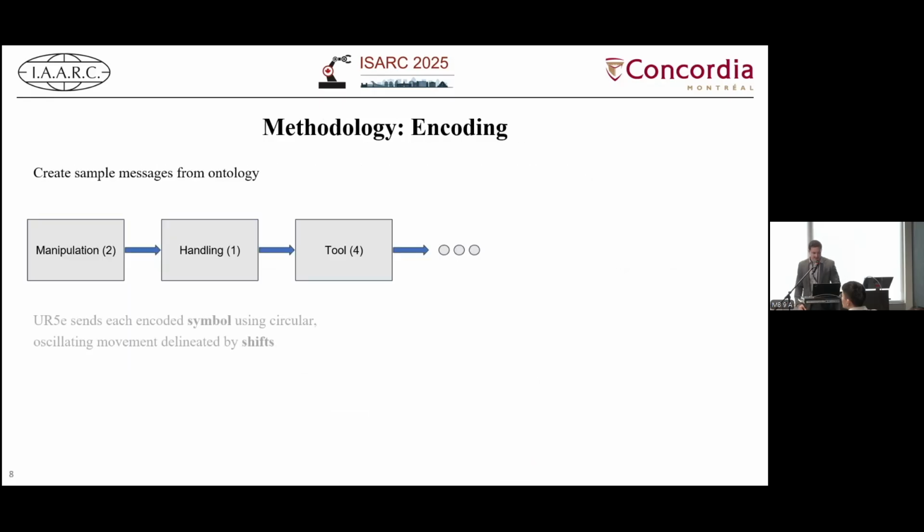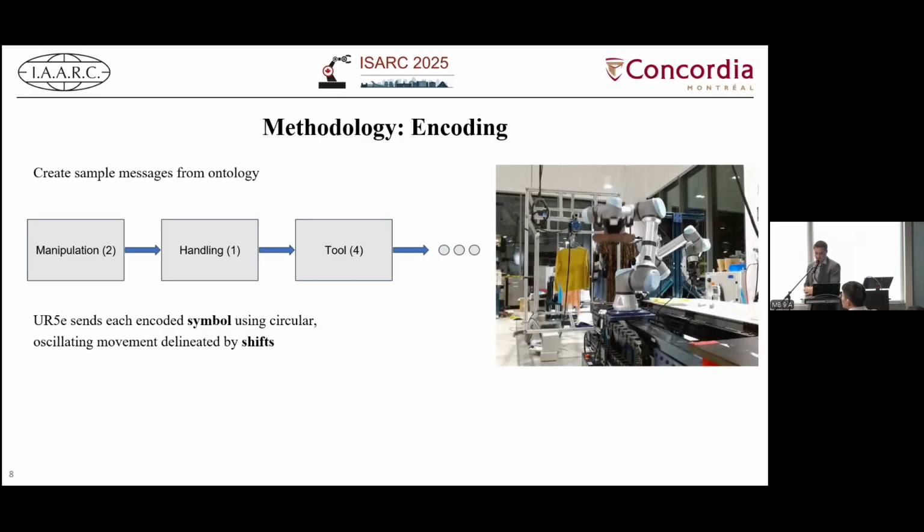The way the encoding works is we can traverse this ontology and form a sentence, if you will. This shows a brief example of the communication paradigm where we have the arm move in a circular motion and initially start with a toggling gesture, which is that cross pattern.